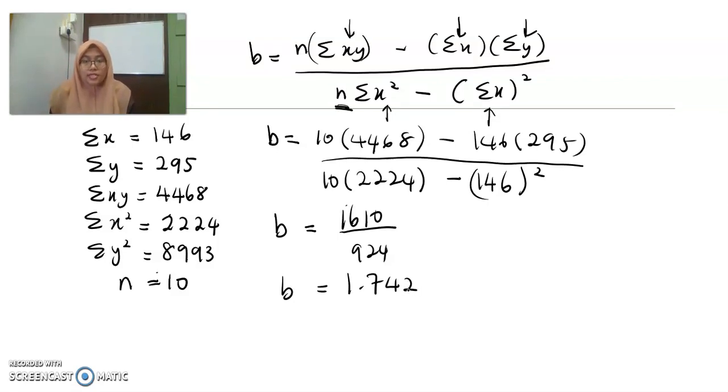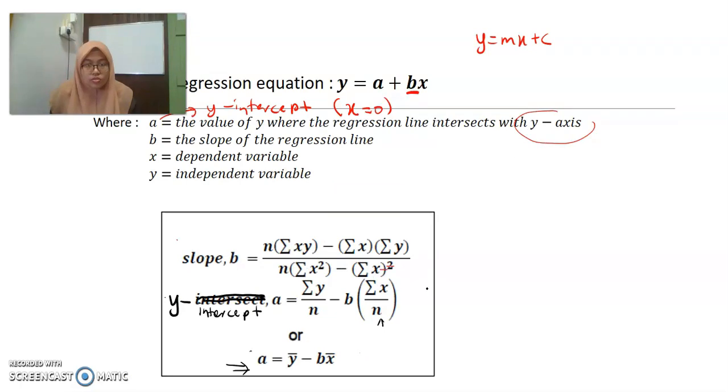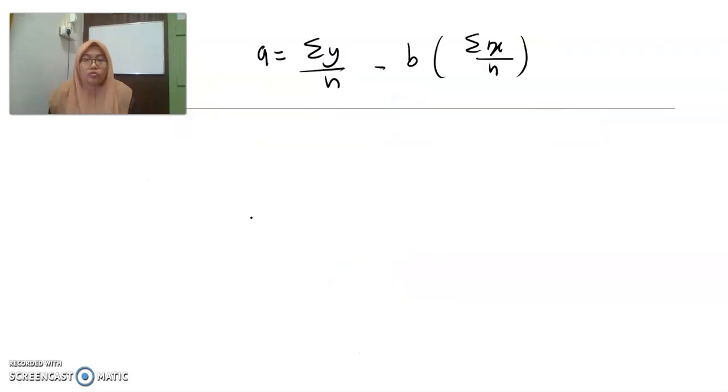Okay, the next step is to find the A value. To find A value, you must use the first formula here. A equals total y over n minus B multiplied with total x over n.